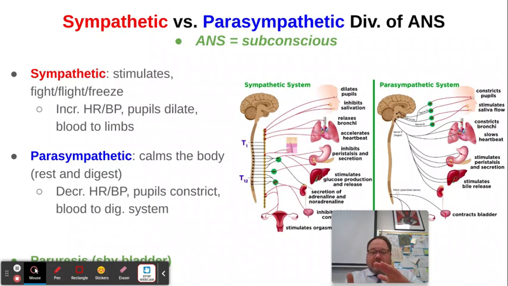So our bodies are constantly in this balance of sympathetic activity or parasympathetic activity. And if a person tends to be sort of keyed up, then the sympathetic nervous system predominates. If a person tends to be pretty low key and relaxed, then parasympathetic predominates.